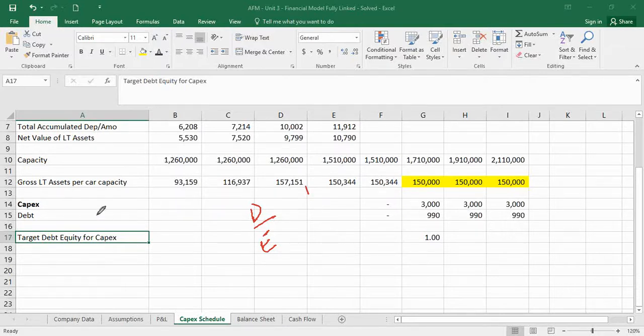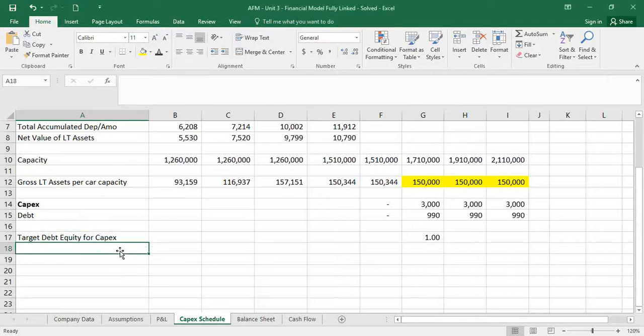In other words, when we say target debt equity for capex, we have to find out what is the debt to capital ratio, right? We have to find out what is the debt to capital ratio. And we can also project that separately. So what is the target debt to capital for capex?